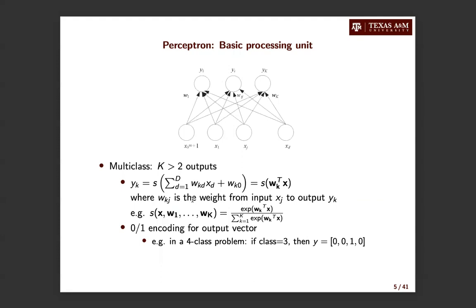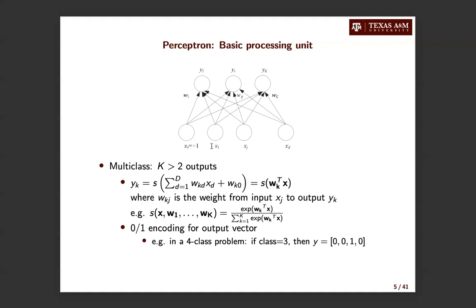So beyond the one-dimensional output, we can also have output of multiple dimensions. And in this case, we see a k-dimensional output, which can correspond to k different classes. And instead of using the original sigmoid function, we use the softmax function, which is a generalized version of the sigmoid function, the same thing that we have seen in the multi-class logistic regression.